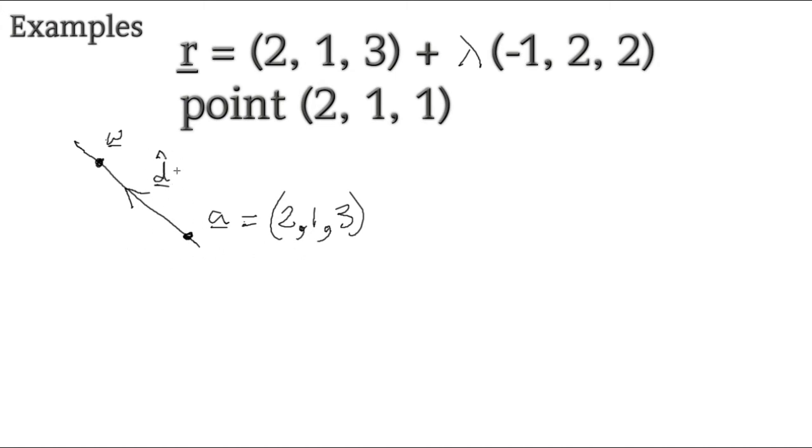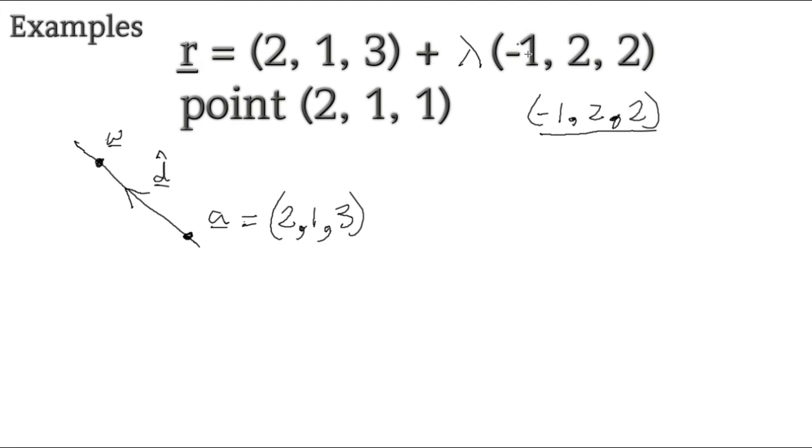So let's first find vector d hat. So d hat is the directional vector d divided by its modulus. So we've got (-1, 2, 2), all divided by the square root of every component squared.